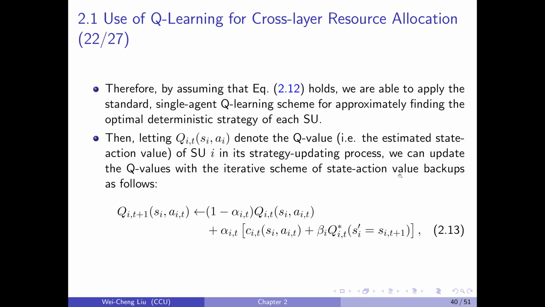It is the equation to update the Q values with the iterative scheme of state action value backups as follows. So from this equation we can get Q_i^{t+1}(s_i, a_i^t). Let us go back to algorithm 1.